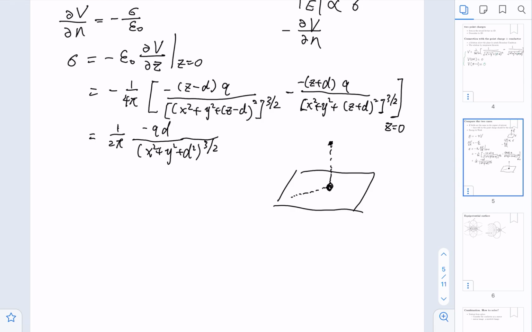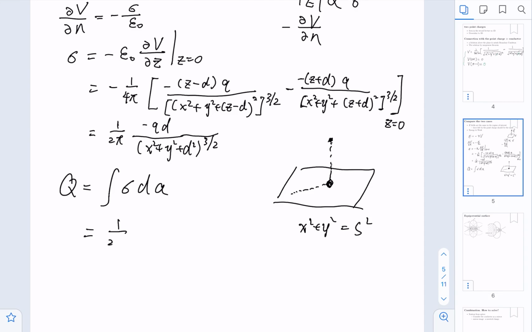Okay, now let's try to see what's the total charge if we integrate this surface density over the entire surface A. And now we can redefine x squared plus y squared as s squared, and this is the polar coordinate, and we simply integrate sigma as a function of s and theta. Let's write this out first.